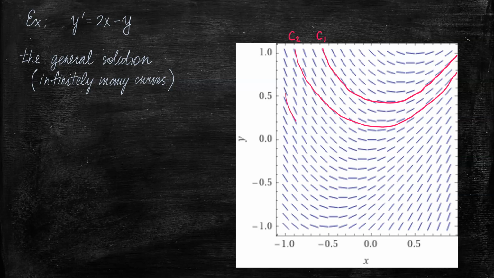So we can have another solution here. This could be for some constant c3, and then we can have another solution here for some value c4, and again we have infinitely many of them. So this slope field allows us to visualize infinitely many solutions at once. So that's one thing that we can do with the slope field.